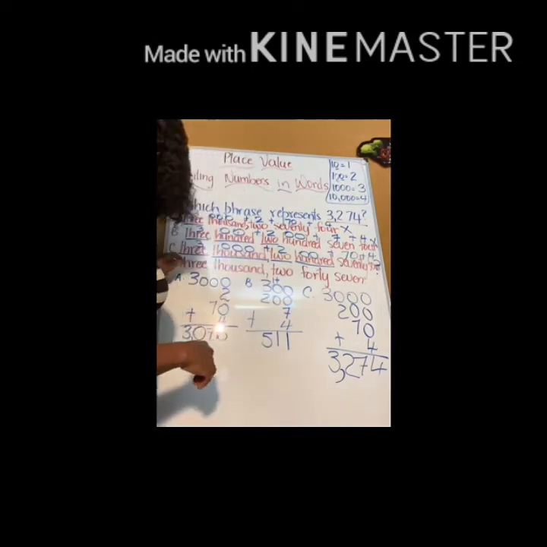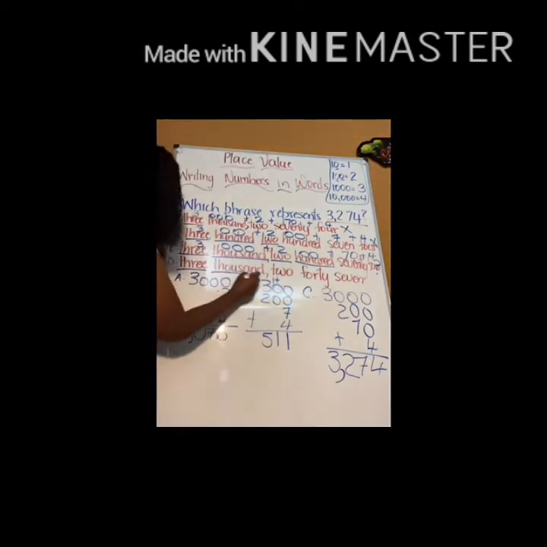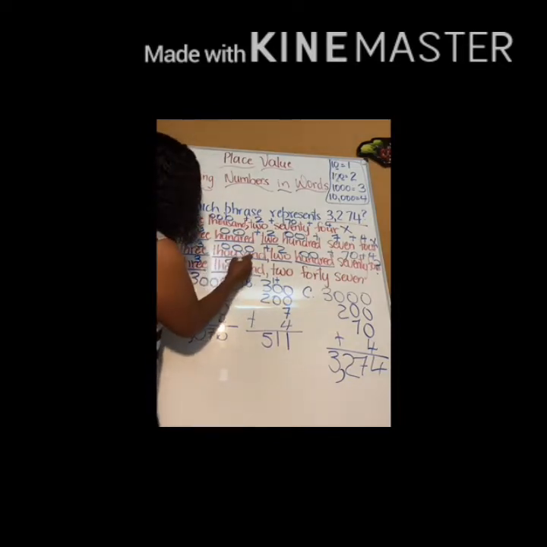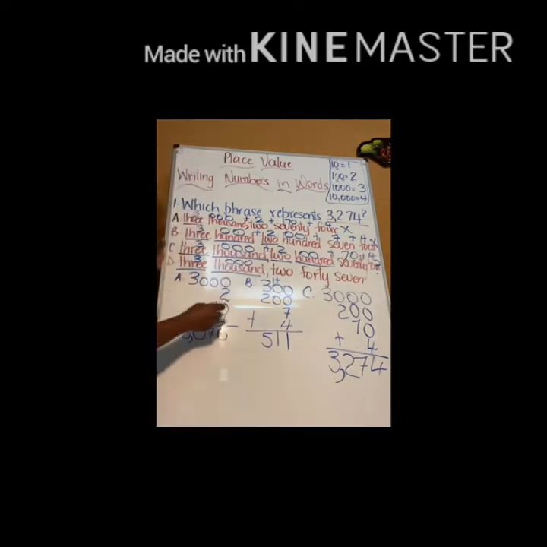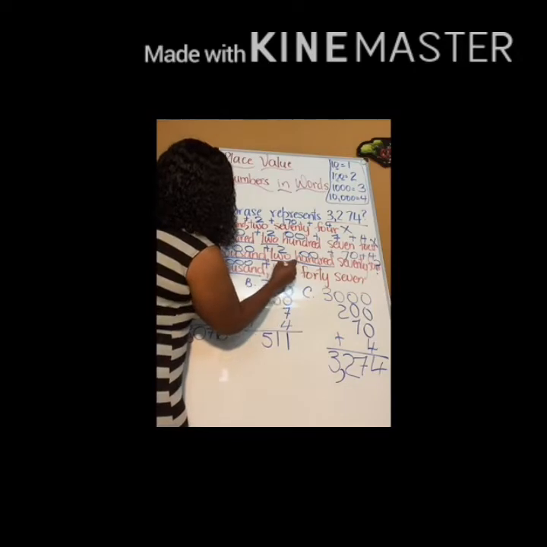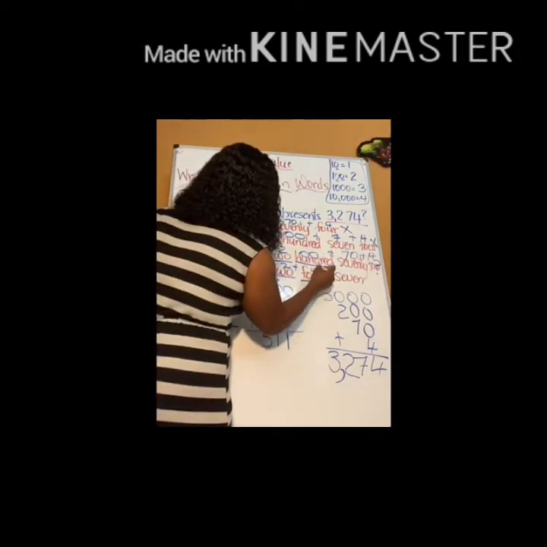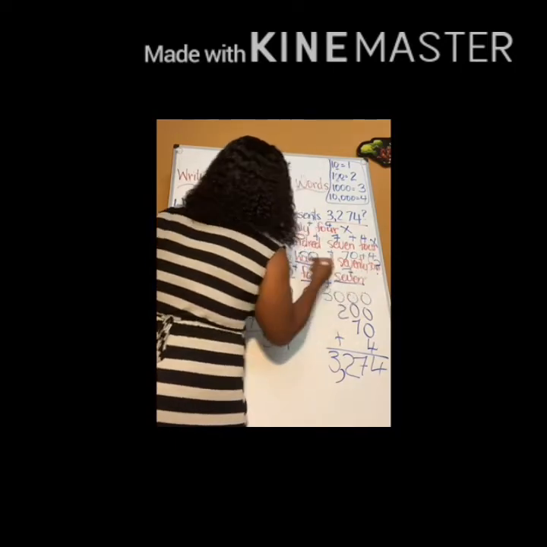So let's go to D. D says 3,000, 3 zeros for 1,000. We have to remember our zeros. Plus 2 plus 40 plus 7.